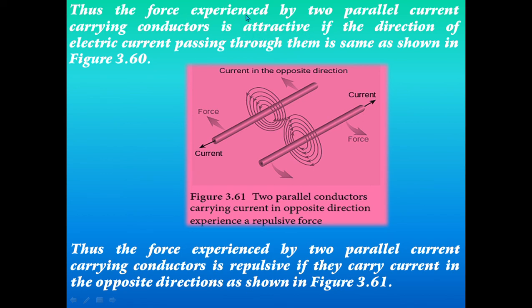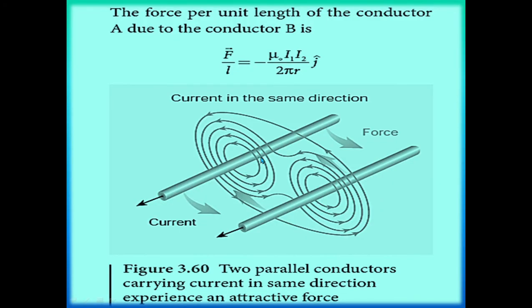The force experienced by two parallel current carrying conductors is attractive if the direction of electric current passing through them is the same, as shown in the figure. Here, they attract each other. The last diagram indicates they attract each other.